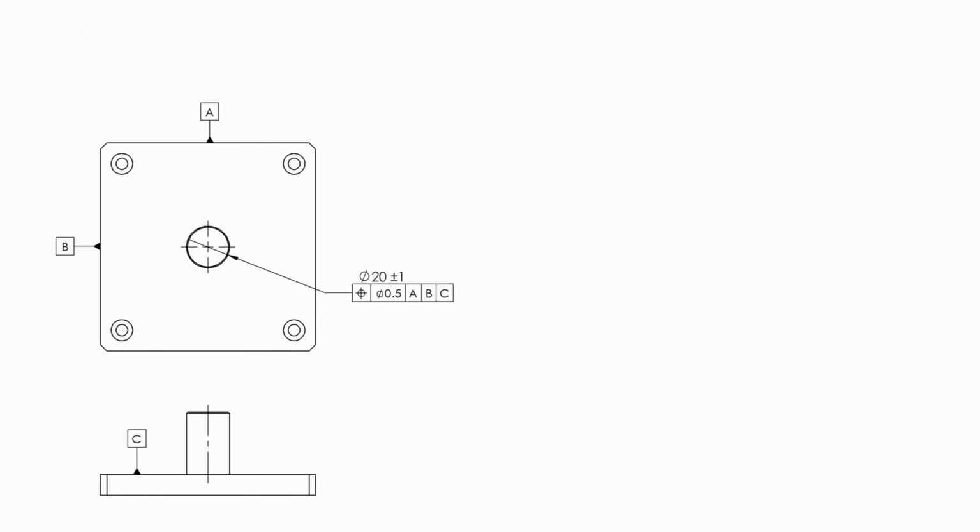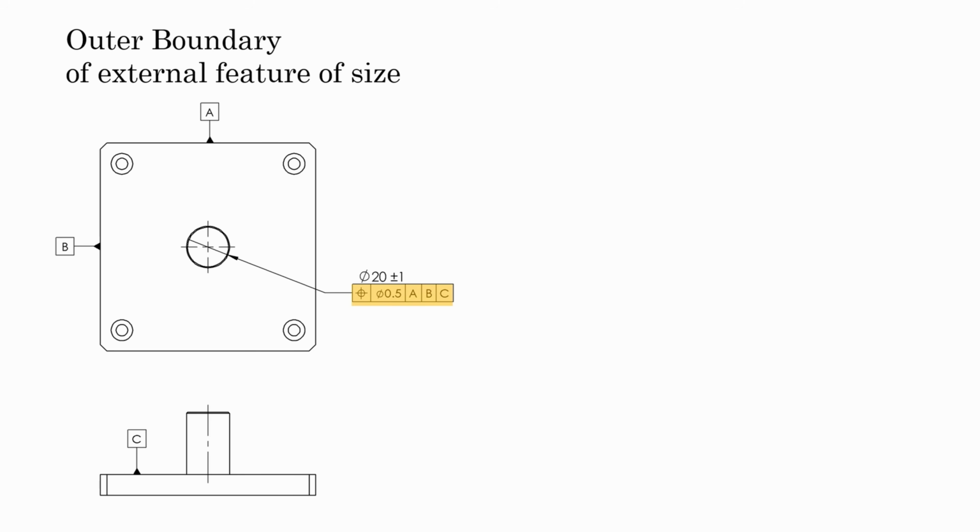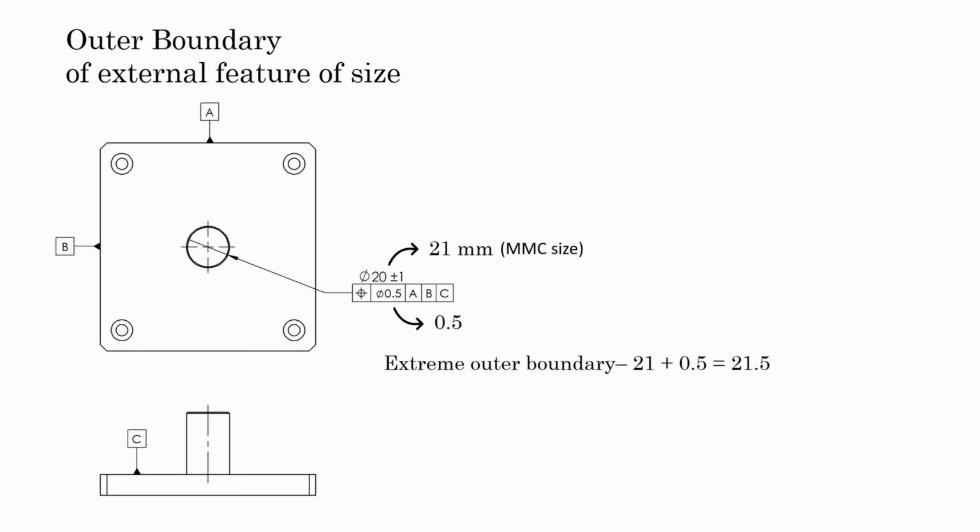However, in the case of the outer boundary with no material condition modifier, the situation is different. At MMC 21 mm, the outer boundary would be 21 plus 0.5, 21.5. But if the pin is produced at 20 mm, and since no MMC or LMC is defined on the position tolerance, there is no bonus tolerance.